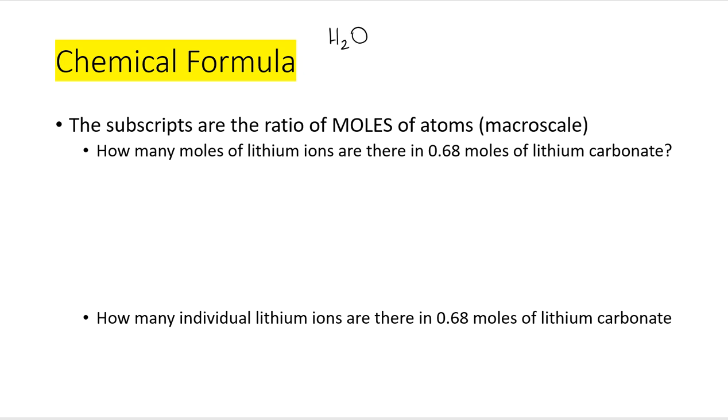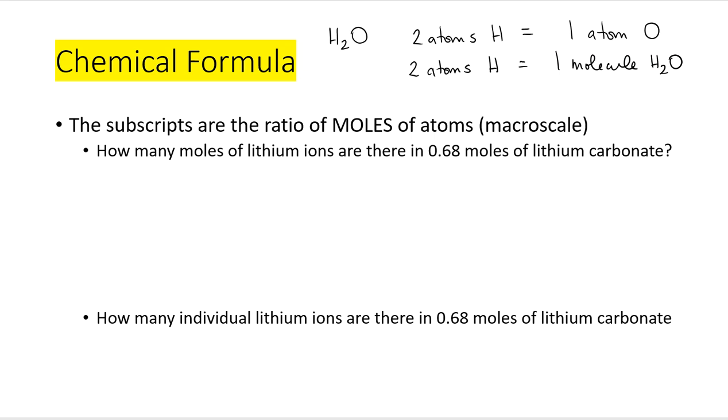If you look at water on the microscopic level, you have 2 atoms of hydrogen for every 1 atom of oxygen. You can also say that you have 2 atoms of hydrogen for every 1 molecule of water. That's what a chemical formula means: how many atoms there are in ratios to each other, how many atoms there are in the total. That's on the microscopic level.